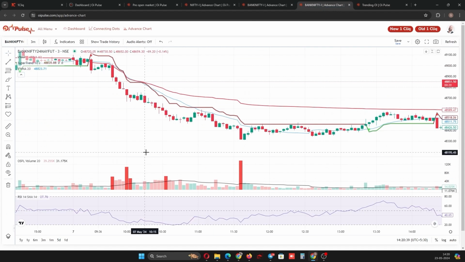Okay, so all the conditions have been satisfied. Our entry would be start of next candle and stop loss is high of first candle. You would have got very good move in 4th, 5th candle itself. As a scalper, you would have exited there. If you are trailing, you would have trailed and got very good move.